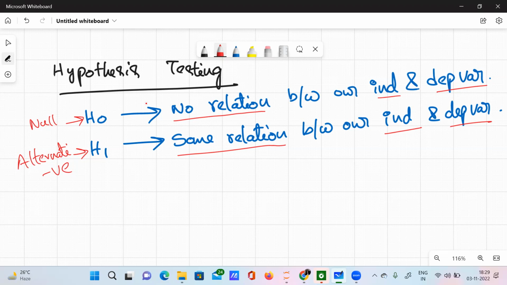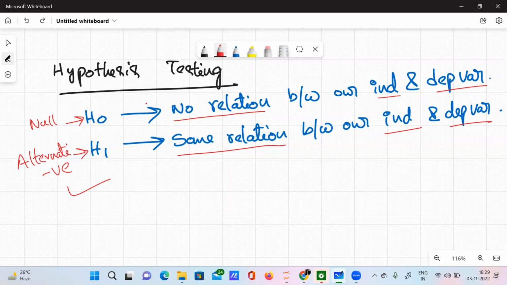We need to prove something. If you are interested in the alternative hypothesis, you need to prove that it is true. Or if you are interested in the null hypothesis, you need to prove that it is false.